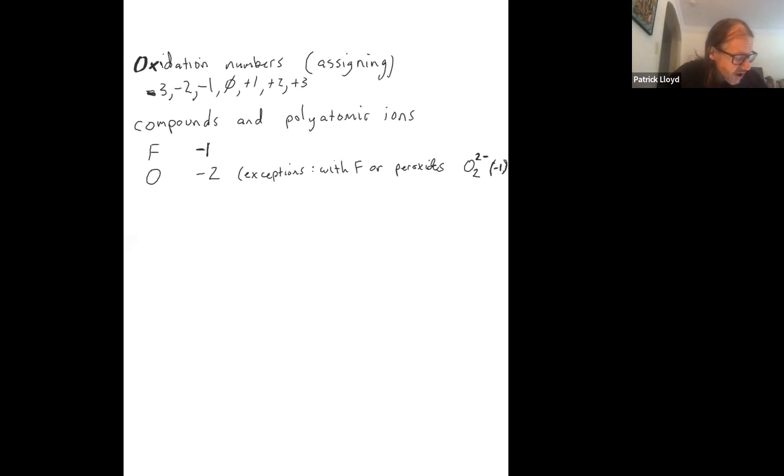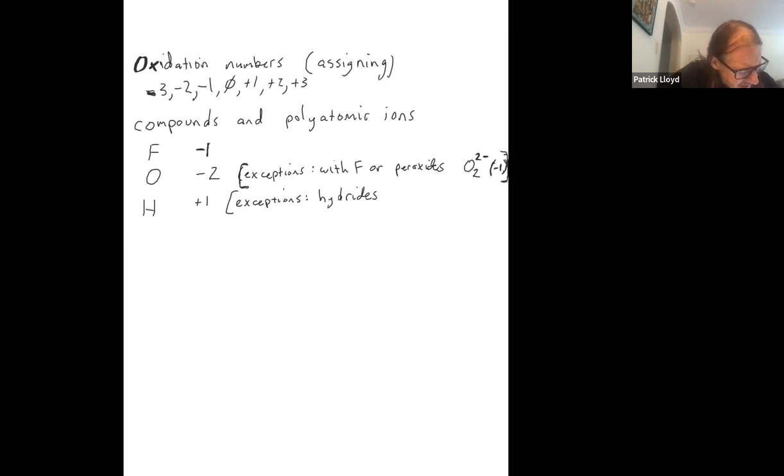In the case of fluorine, it's a little more complicated, but I'm just going to write it. Let me put this in brackets so that you can see. Oxygen is -2 unless it's with fluorine, or if it's in the form of a peroxide. If it's in the form of a peroxide, it's -1. Okay, hydrogen is +1. Again, there's an exception here, and the exception is really one, what we call hydrides.